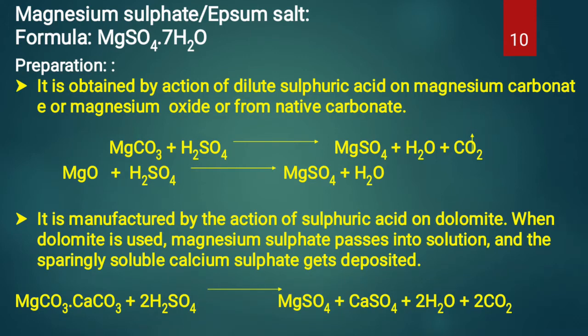Dolomite has the formula MgCO3.CaCO3. When dolomite is used, magnesium sulfate passes into solution and the sparingly soluble calcium sulfate gets deposited. In the reaction, MgCO3.CaCO3, that is dolomite, reacts with sulfuric acid to form magnesium sulfate as well as calcium sulfate, and water is formed as well and carbon dioxide gas is evolved.